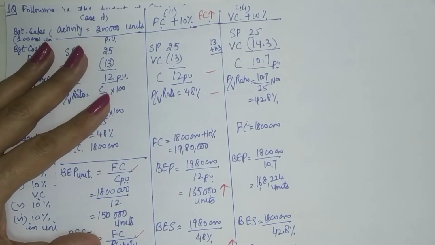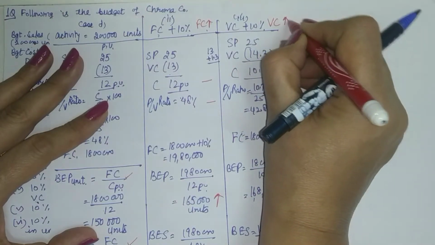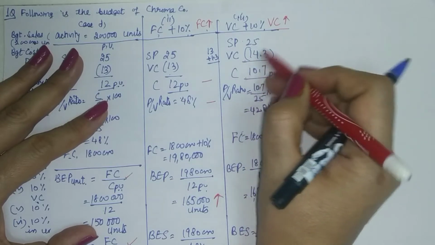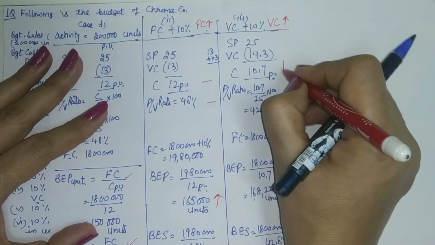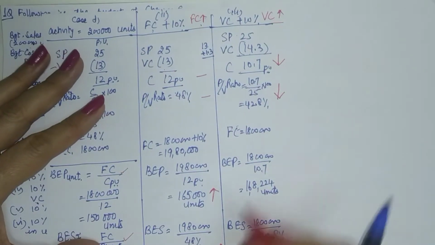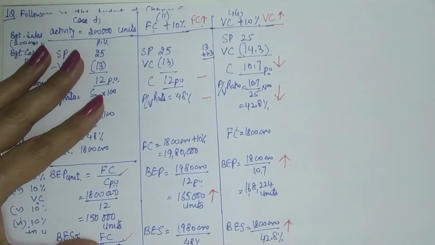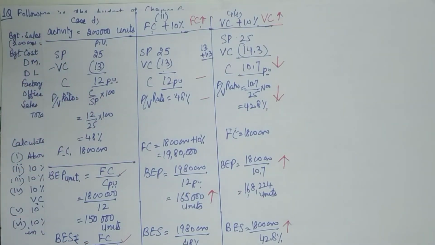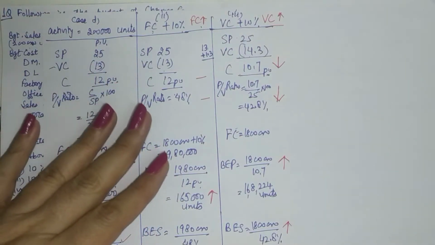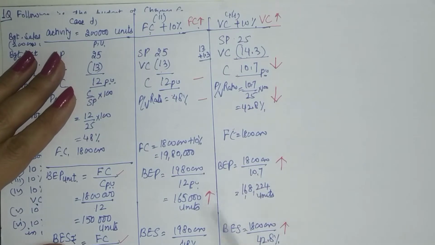So what does it imply? If our variable cost increases, since variable cost is inversely related with contribution, it is selling price minus variable cost. So when variable cost increases, contribution will reduce, PV ratio will reduce. But as this ratio reduces, your break-even point will increase. On the whole, what we can say is that whenever our cost is increasing, whether it is variable cost or fixed cost, it is likely to move your break-even point up.